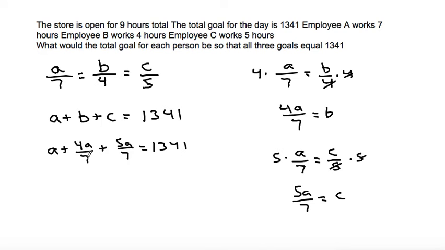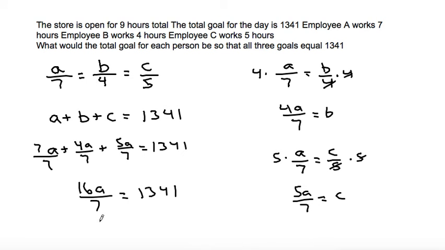If we make a common denominator so we can add our fractions together, we can multiply this by 7 over 7. Then adding our fractions, 7 plus 4 is 11, plus 5 is 16, so that makes 16A over 7 is equal to 1,341.